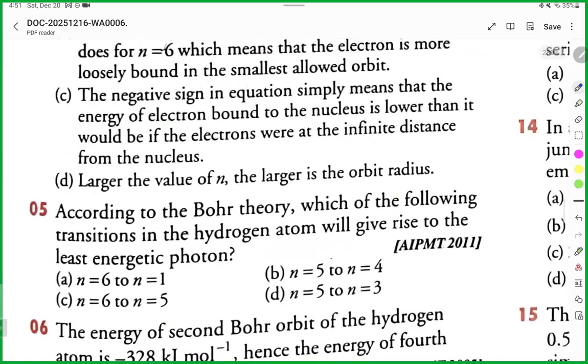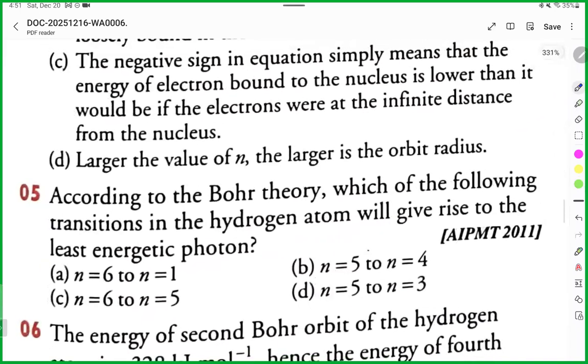See, this is pure concept, you are not supposed to do calculation. Least energy is present when the transition is between close levels, like 1 to 2, 2 to 1. Minimum energy. If 6 to 1, then maximum energy.